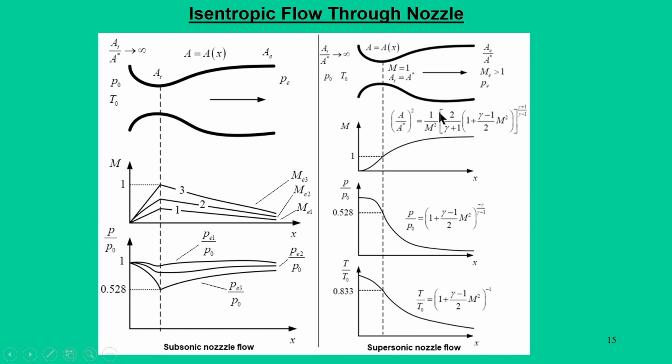That Mach number is first fixed by the area ratio, and when the area ratio is satisfied, the pressure ratio also has to be satisfied.